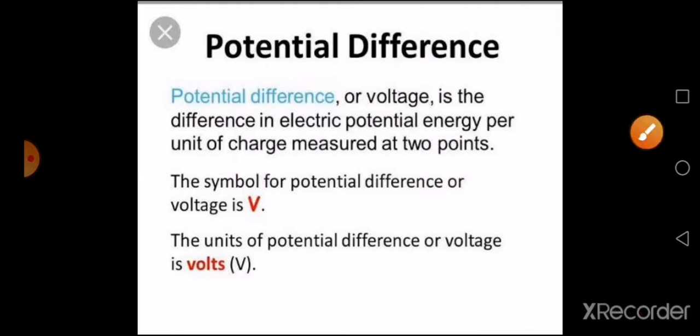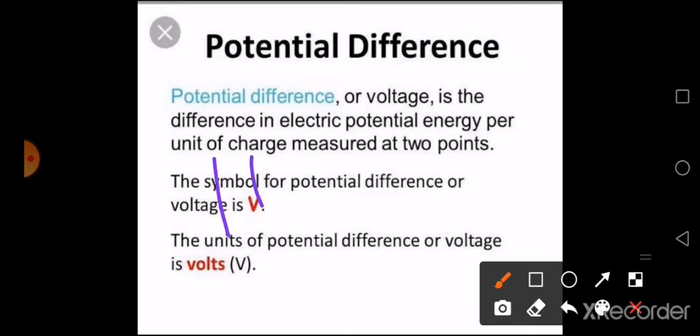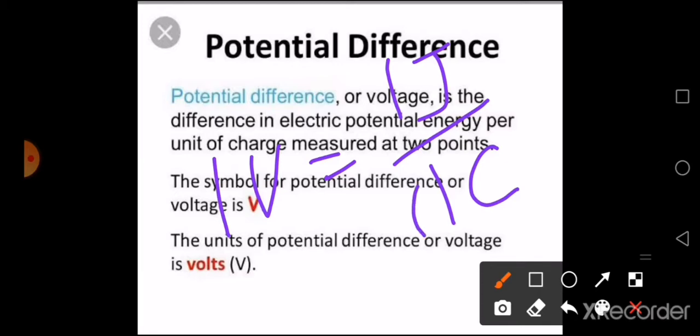So if it has to be 1 volt, work done should be 1 joule upon 1 coulomb of charge. So this should be like this. Now can you define 1 volt? 1 volt can be defined as whenever 1 joule of work is done in bringing 1 coulomb of charge from one point to another, or from infinity to a particular point. Got it?